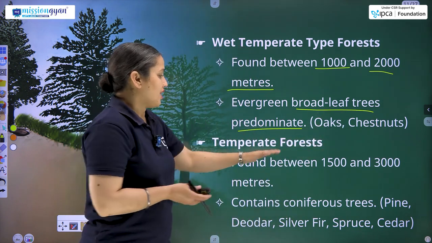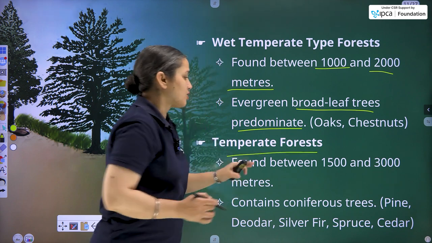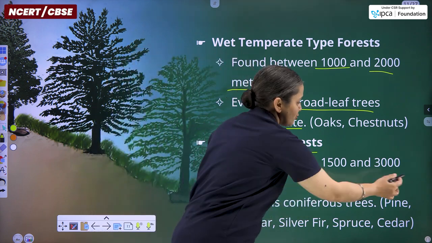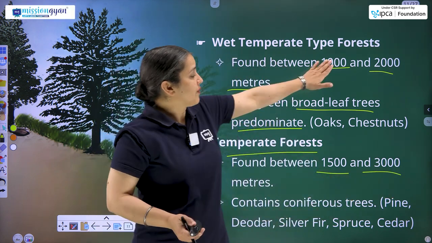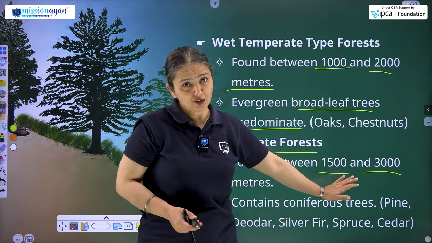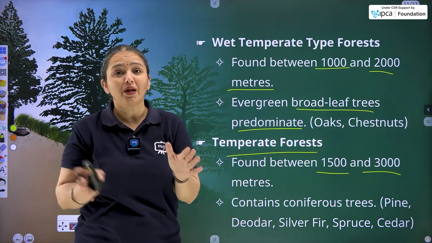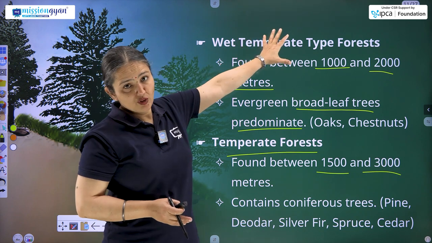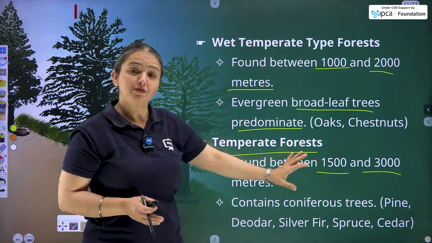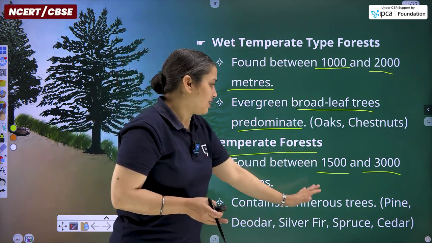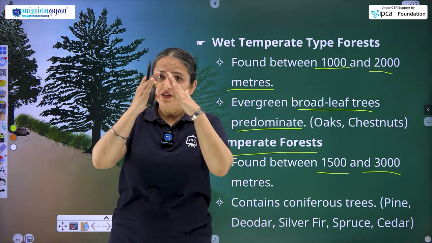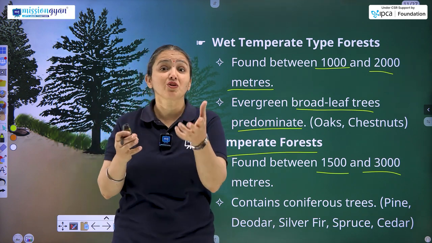Other type of forests are temperate forests. These are found between 1500 to 3000 meters. You have to learn their altitude particularly, because that is the basic concern which separates one type of mountain forest from the other. These contain coniferous trees having a conical shape, like a Christmas tree.